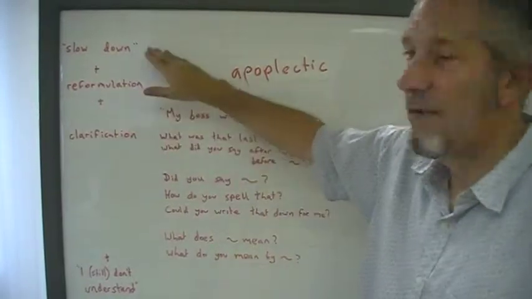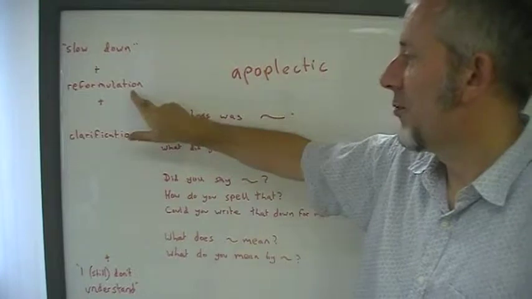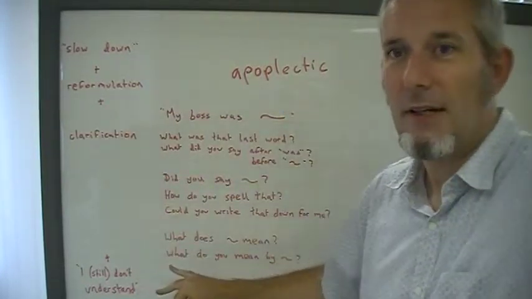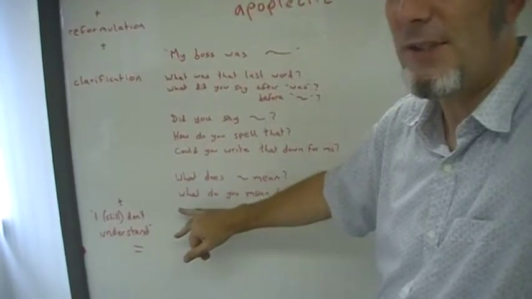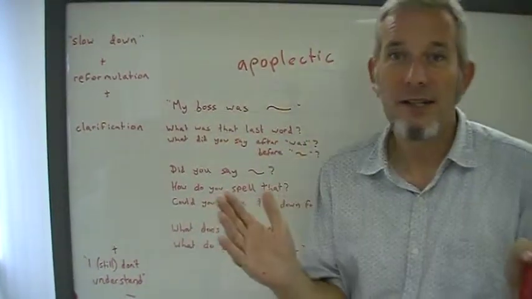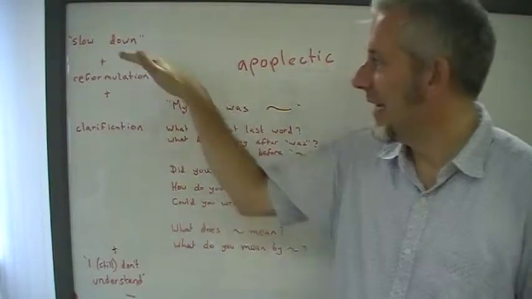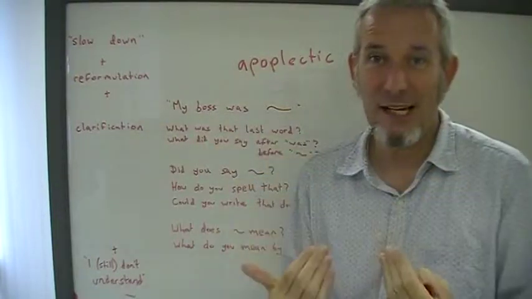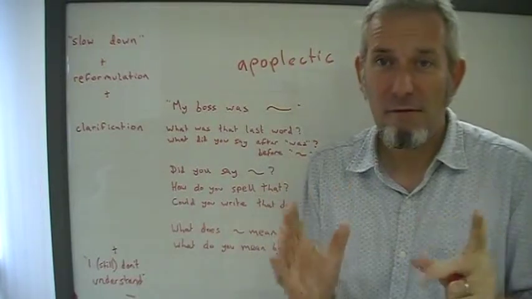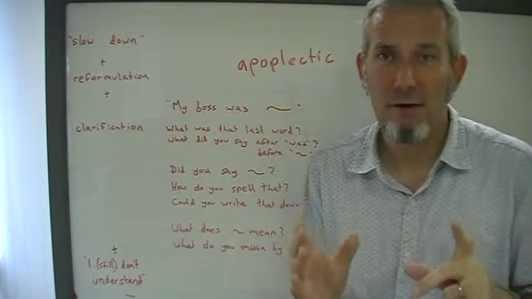So we've done slowing down, reformulation, and clarification, and then our most important phrase of all, I don't understand. And even after you get an explanation, I still don't understand. Very, very useful, very, very important.